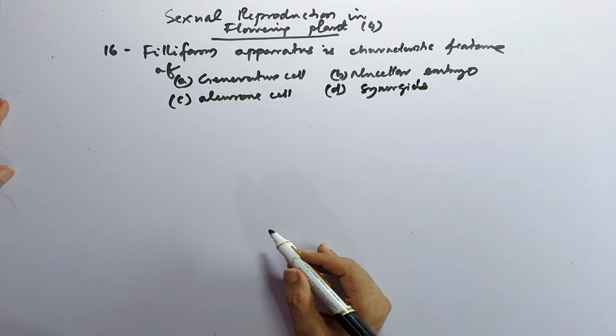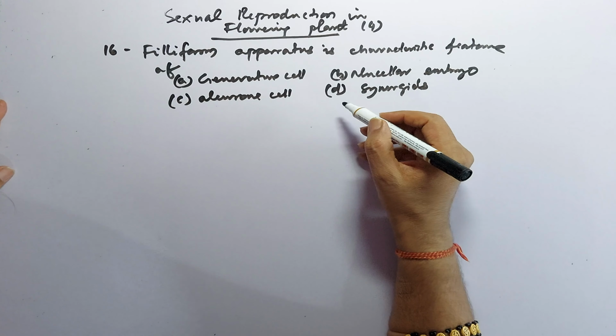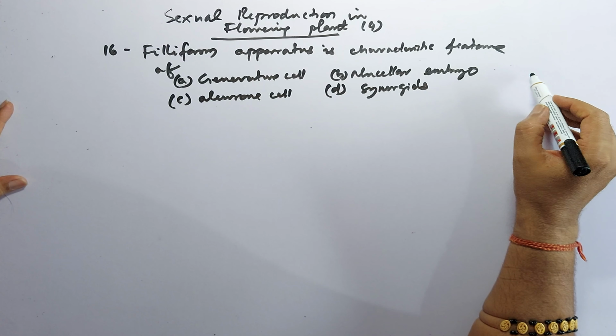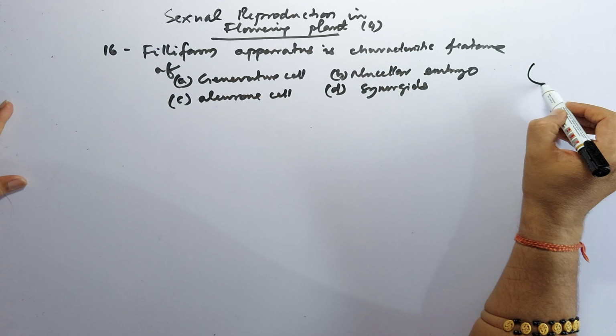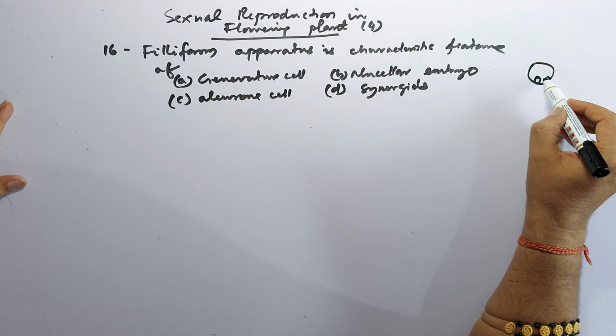In this question it is clear, and we have already discussed it in our previous class videos. The filiform apparatus is found in the wall of the two synergids, and in between them the egg or ovum is there.